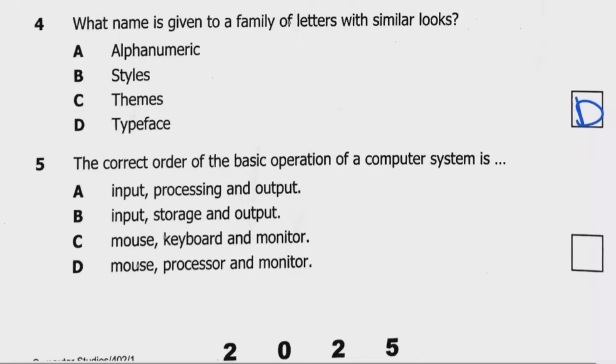Okay, let's look at A, input, process, and output. Let's talk about this. This is the fundamental sequence of how a computer operates. First is input. Data is entered into the system, e.g. via keyboard, mouse, and microphone.